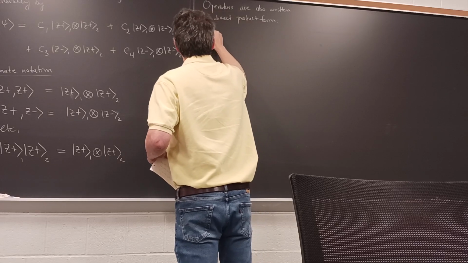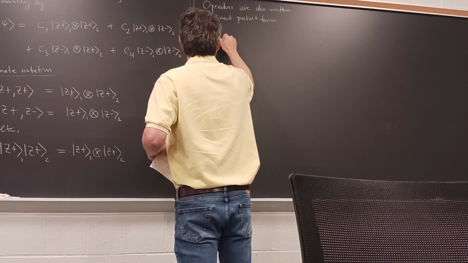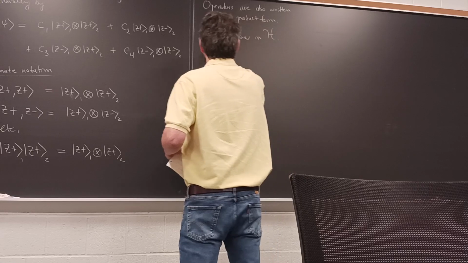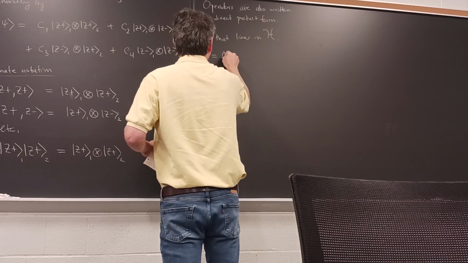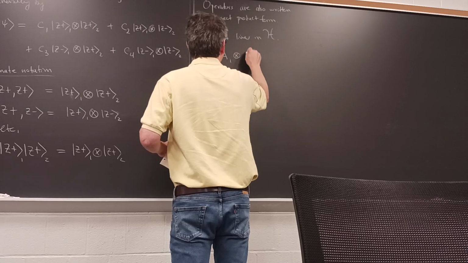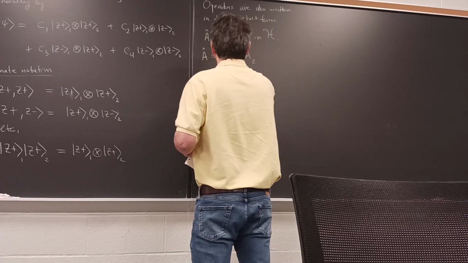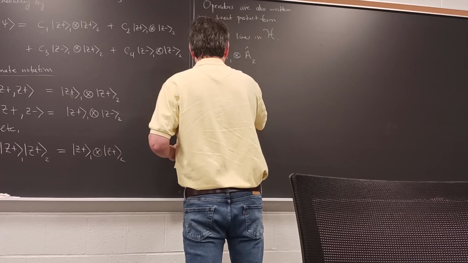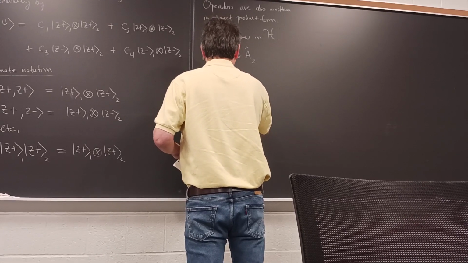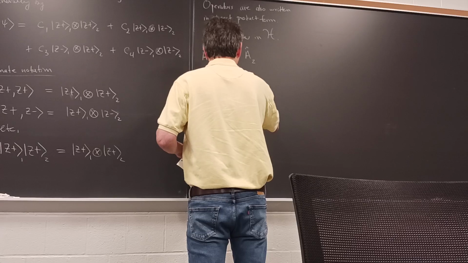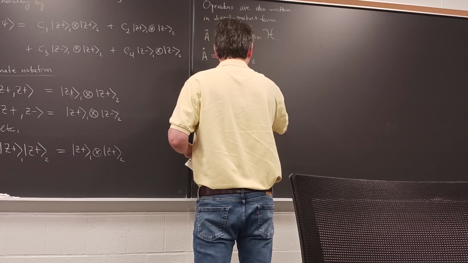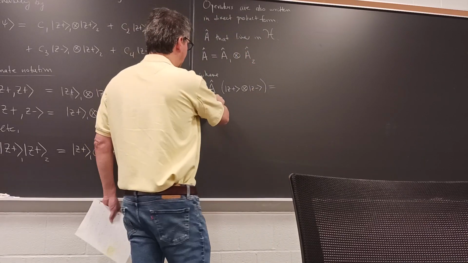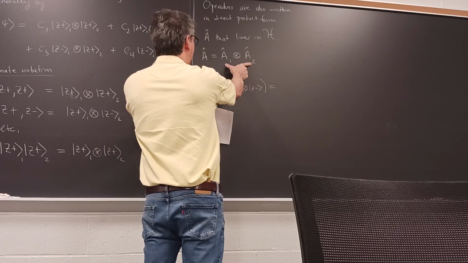So if I have an operator A that lives in the total Hilbert space H, then A can be written as some A1 cross A2, where if we operate with A on, say, Z plus direct product with Z minus, then A is this direct product of operators.